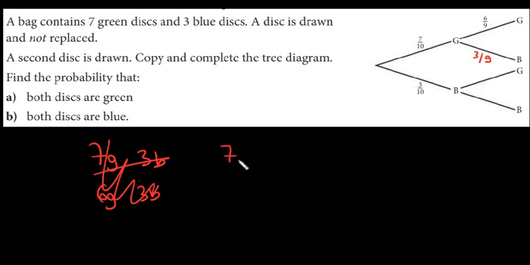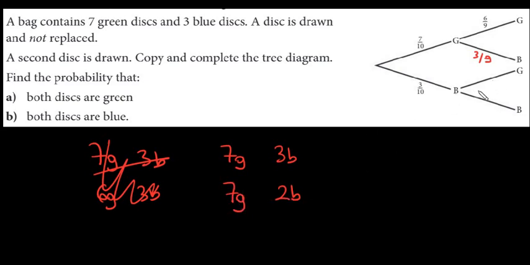Now, at first we have 7 green and 3 blue. But in the first I got a blue, so it is not replaced. I got 7 green and 2 blue. Okay? So now, in the first we got a blue. In the second, what's the probability of getting a green ball?